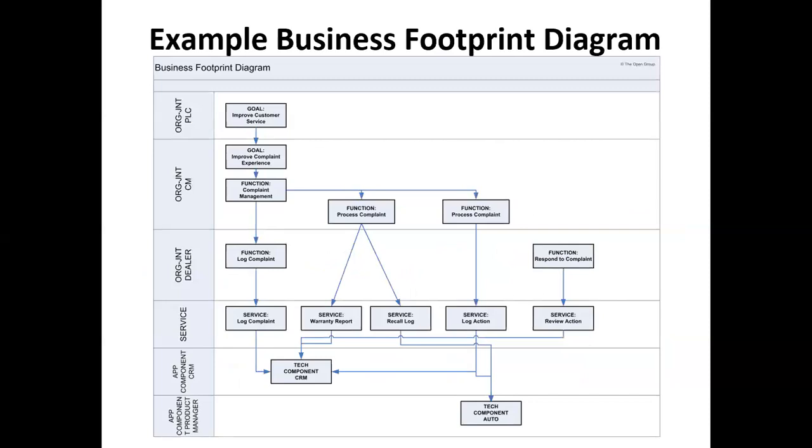A footprint diagram describes the links between, what you said is correct, the business goal, the different unit, the function, the services, etc. Also, they map this function to the technical components. This is what it is. Shall we go to the next one?